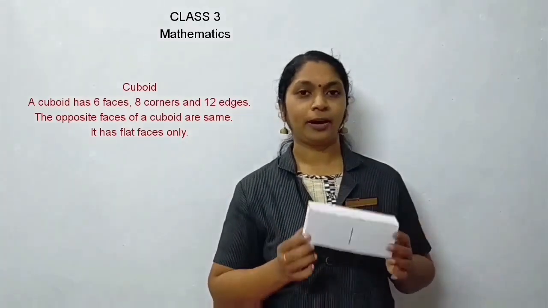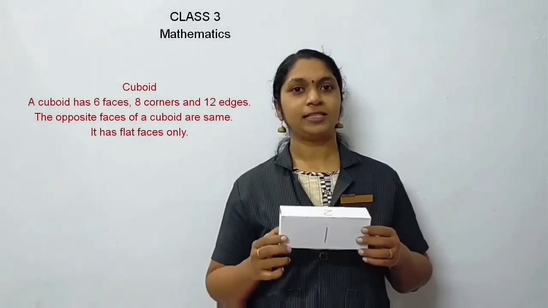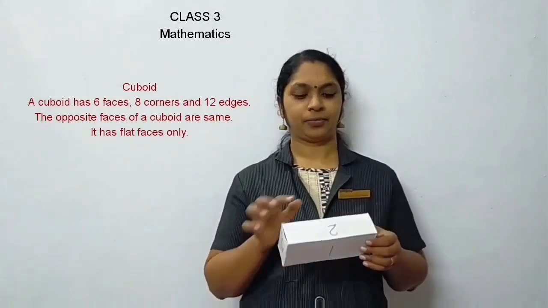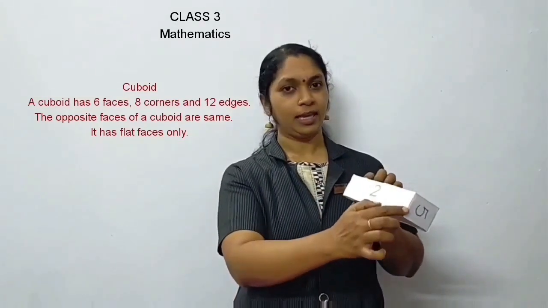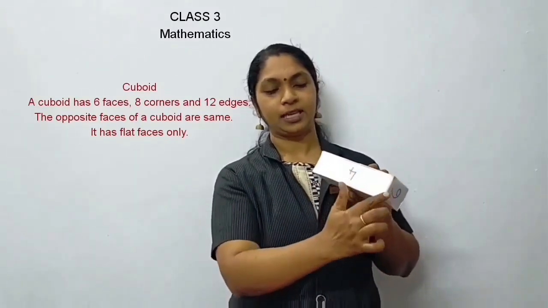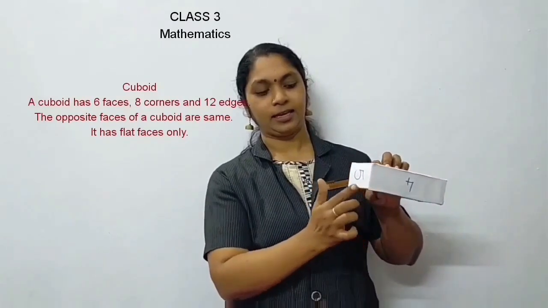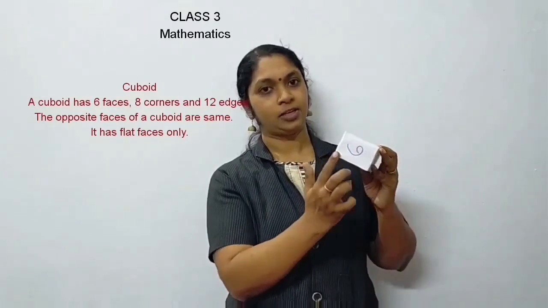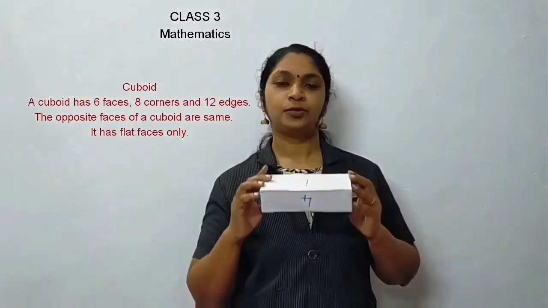A cuboid has 8 corners. It has 12 edges. 1, 2, 3, 4, 5, 6, 7, 8, 9, 10, 11, 12. A cuboid has 12 edges.